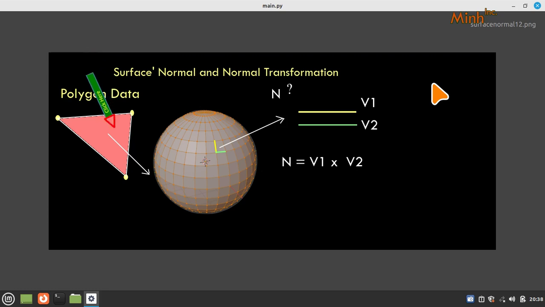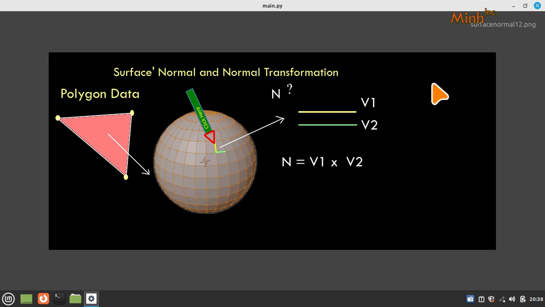This is triangular data, and this is kind of spherical, but okay, these are the facets. These are quads, and now we want to calculate the normal. There are many quads.